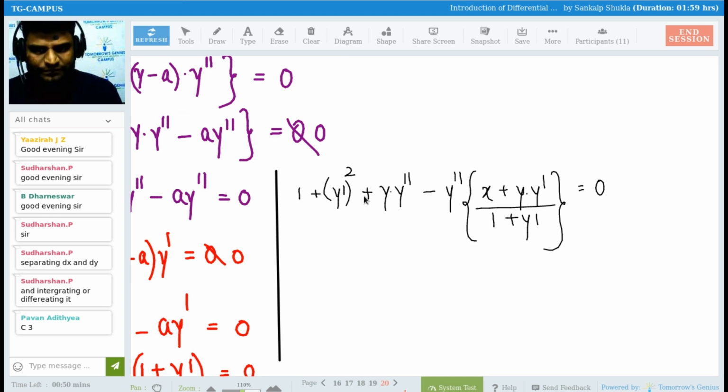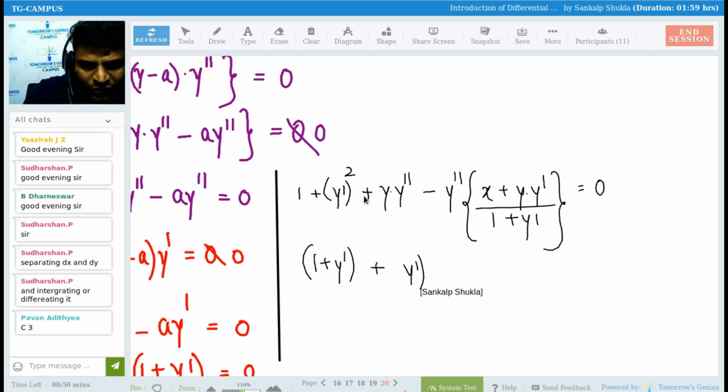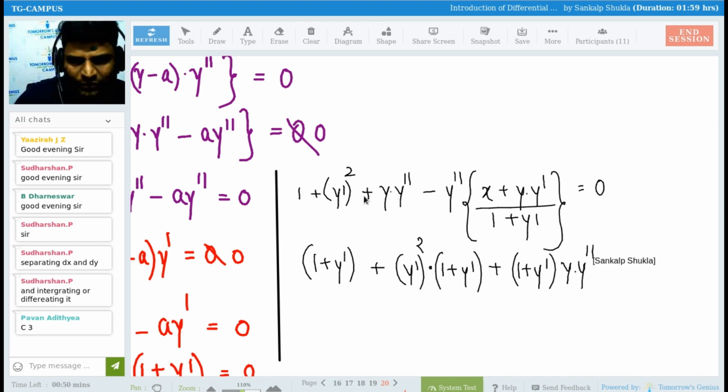Now you guys can solve it. So multiplying the entire term with 1 plus y dash, this will become 1 plus y dash plus y dash whole square into 1 plus y dash, plus 1 plus y dash into y double dash, and minus, if you multiply this with 1 plus y dash, it will become y dash, y double dash, x, and minus y double dash into y.